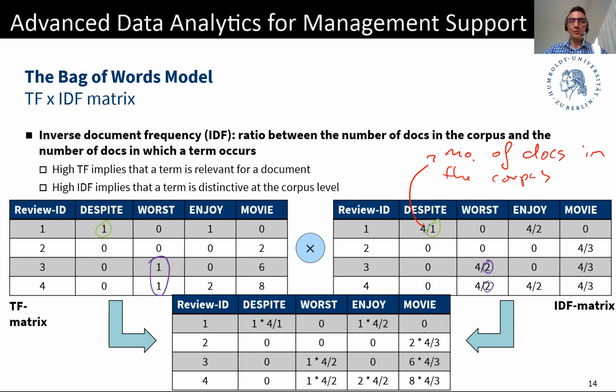If I use a frequent word, that's not indicative of what the document is about. It's the infrequent words that are used in a document that are characteristic. At least this is the premise, or the assumption, if you wish, on which this approach is built.